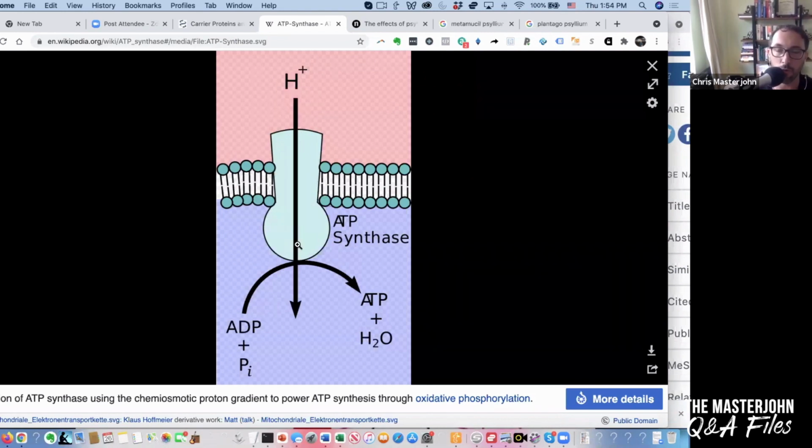And this is shown in cartoon form, so you don't see it, but literally it's a turbine that is made of protein. And as hydrogen ions are let through, the kinetic energy that they release by moving from a position of high concentration to a position of low concentration spins the turbine, and the kinetic energy of this turbine spinning is then transferred to ADP and phosphate to supply the chemical bond energy that is needed to glue together the phosphate to ADP.